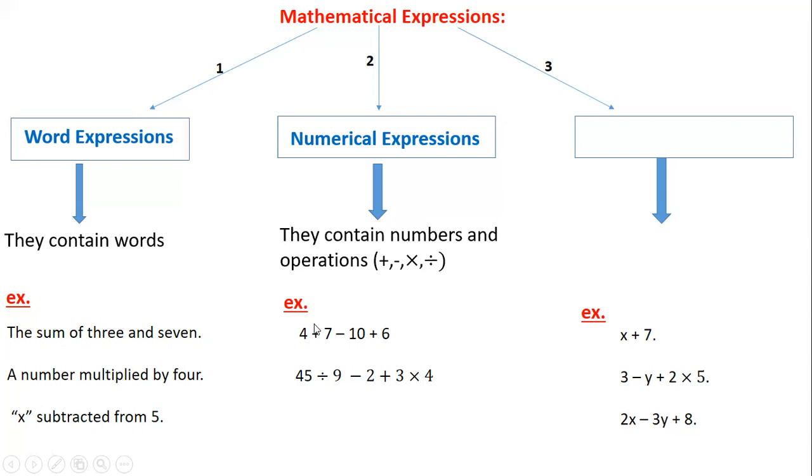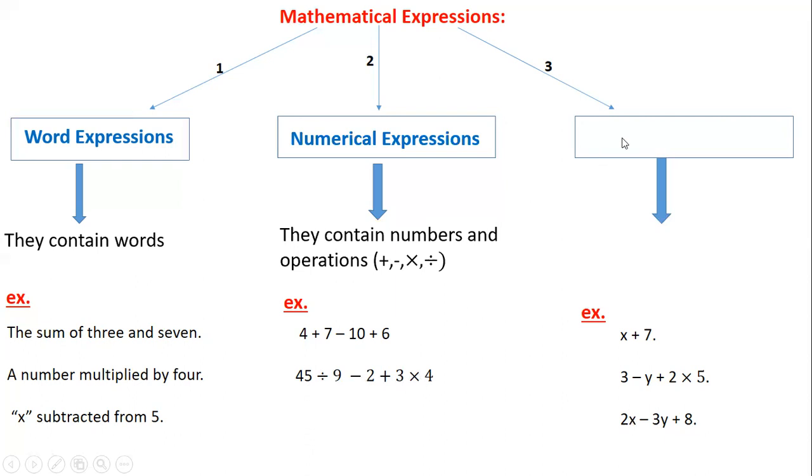For example, 4 plus 7 minus 10 plus 6. 4 is a number, 7 is a number, 10 is a number, 6 is a number. Plus is an operation, minus is an operation, plus is an operation. Another example, 45 divided by 9 minus 2 plus 3 times 4. Also, this is a numerical expression in which we have numbers and different operations.